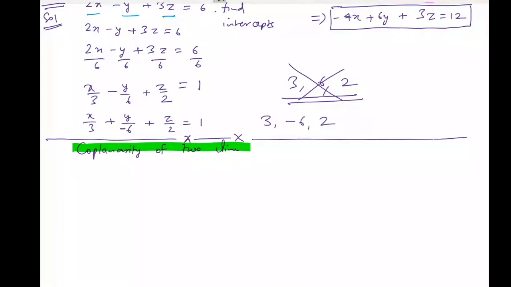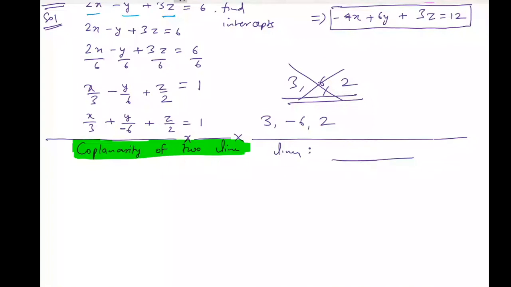Sagun, a line in vector form, how does it look?